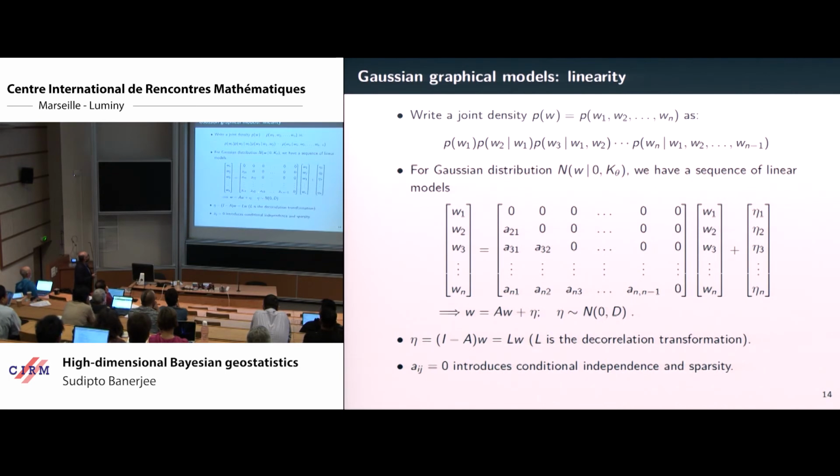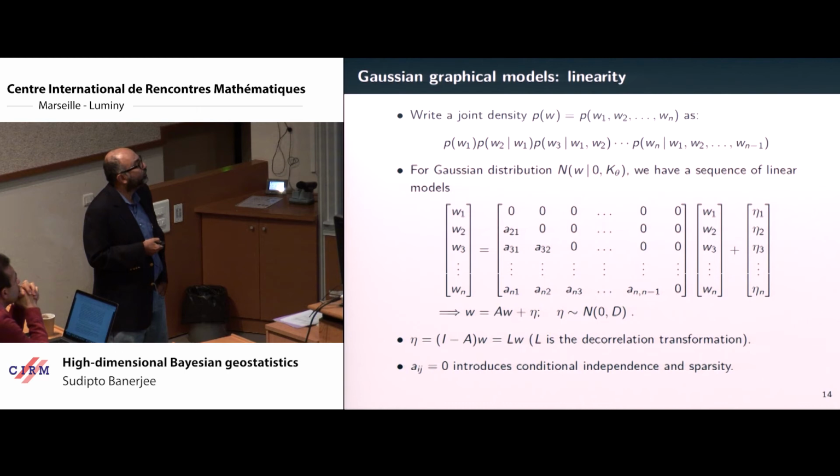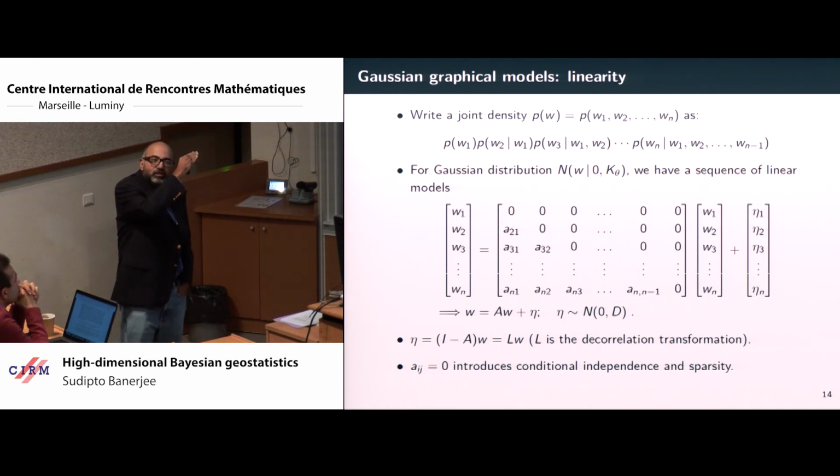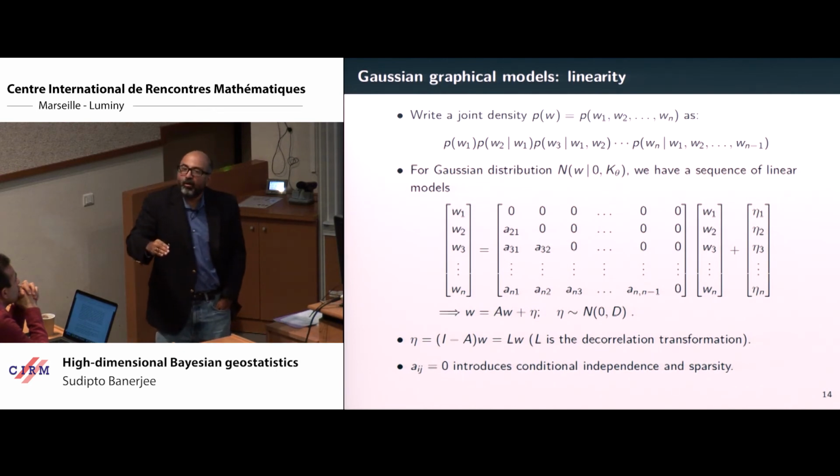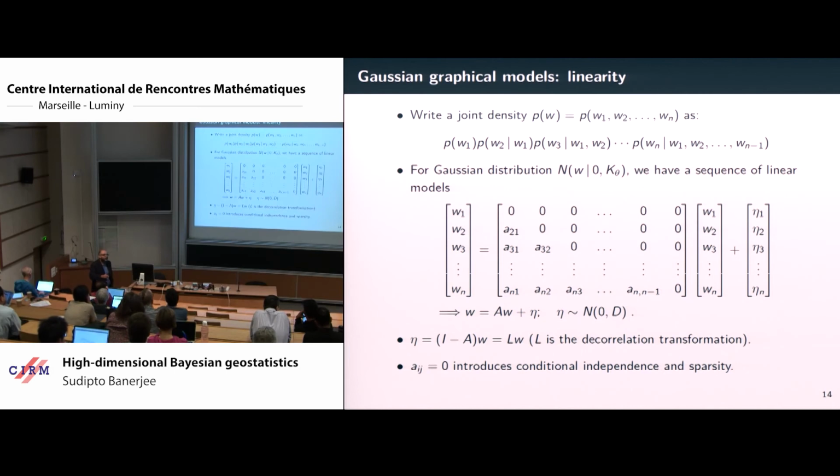The moment I force some of these A_ij's to 0, I introduce conditional independence and therefore sparsity, because of this L. So this is a very nice way to introduce sparsity in the lower triangular part of the Cholesky decomposition. And this idea was in fact used in a different context yesterday in Gary's talk on the VAR models as well.